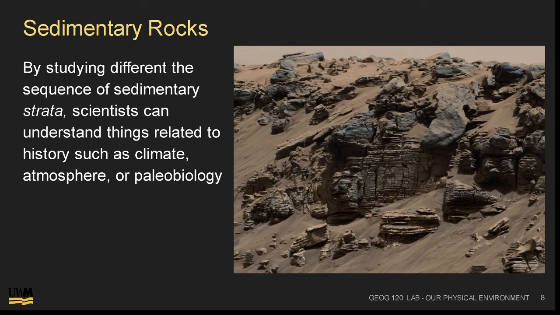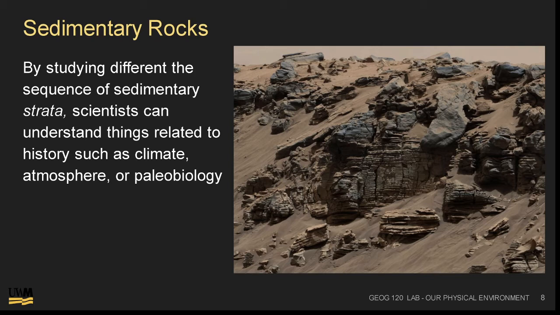Sedimentary rocks are also really cool for geologists to learn about the history of the formation of planets or landscapes. This image is actually from Mars, and notice these horizontal layers or strata that you can see on this cliff. Logically, the layers at the bottom had to form before the layers nearer the surface or the top.